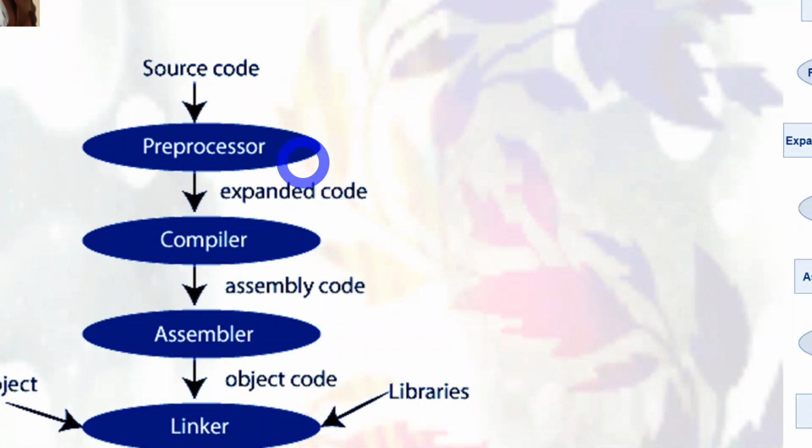Pre-processing processes include files, conditional compilation instructions and macros. The C preprocessor is used to modify the program according to the preprocessor directives in the source code.